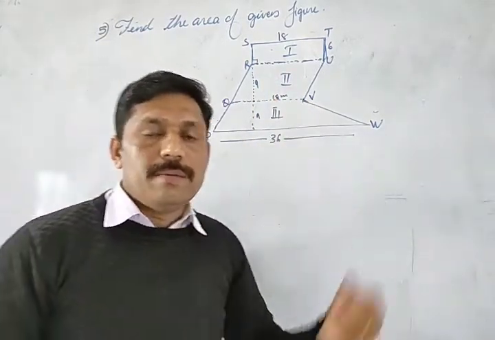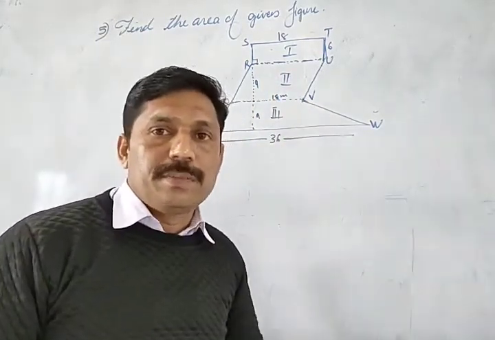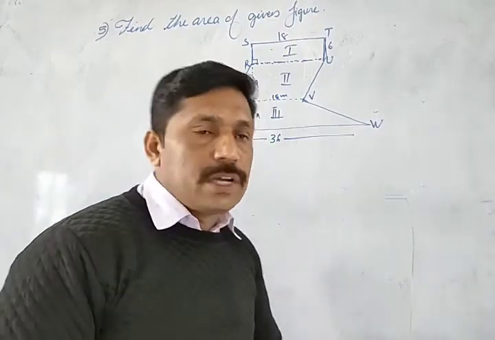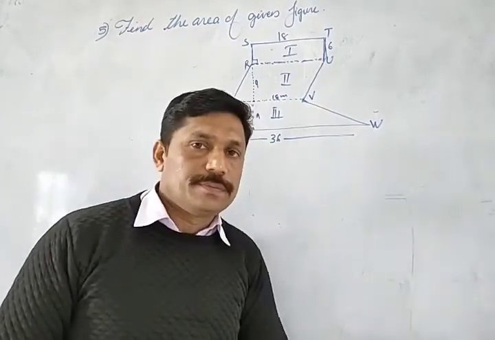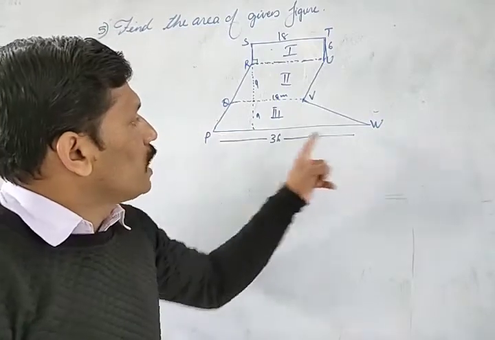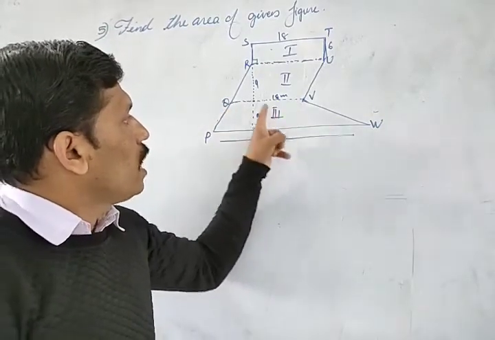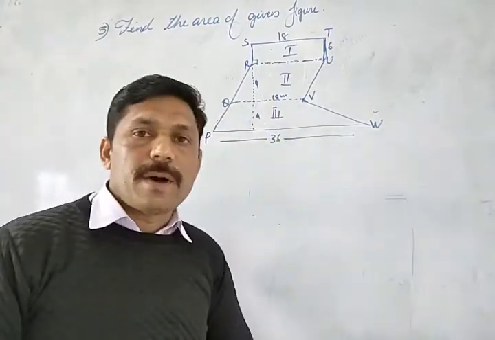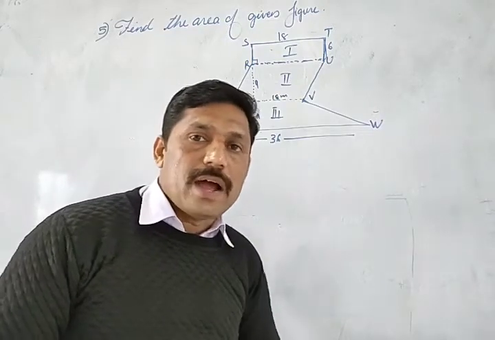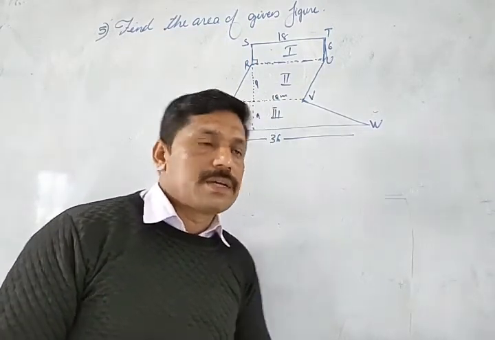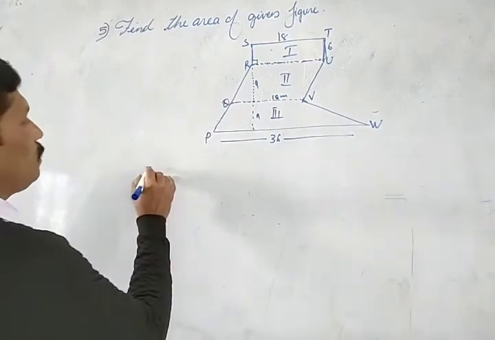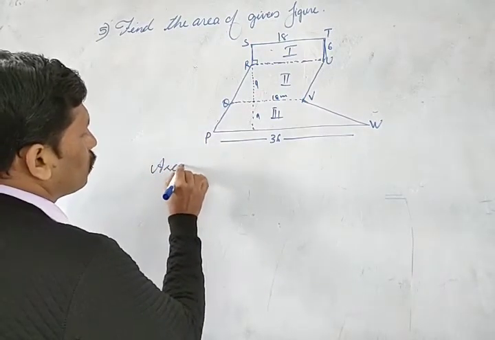Whatever the units of measurement are, that is not given. Whether it is meter or centimeter, that is not given. So we take it as square units. The parallel sides are 36 and 18 and the height is 9. So the height and the sum of parallel sides are everything given. So we find the area of these figures separately. First, area of figure 1.